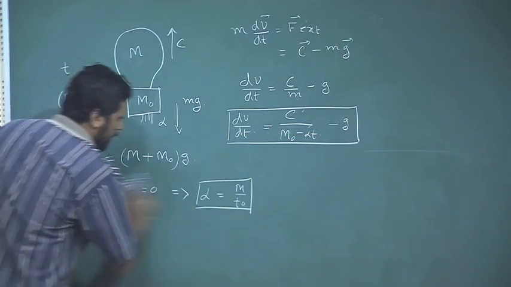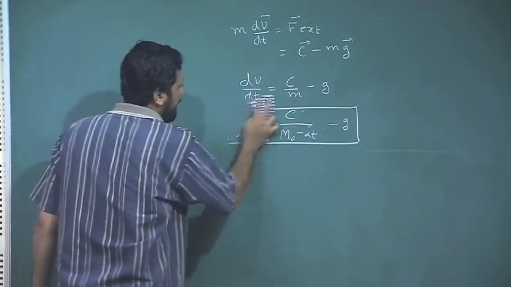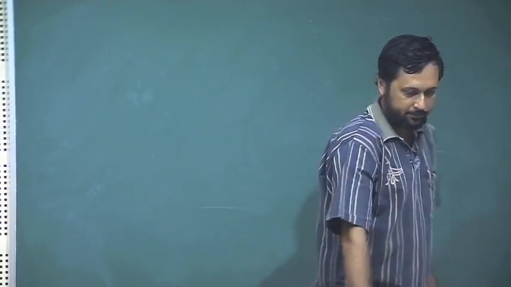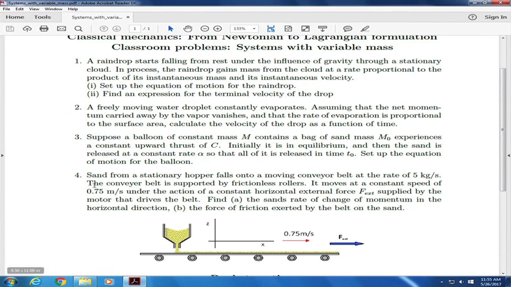Okay. So, let's move to the last problem of this particular section, number 4. Sand from a stationary hopper falls onto a moving conveyor belt at the rate of 5 kg per second. The conveyor belt is supported by frictionless rollers.